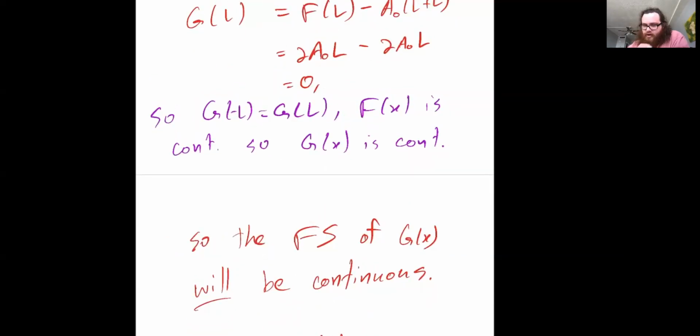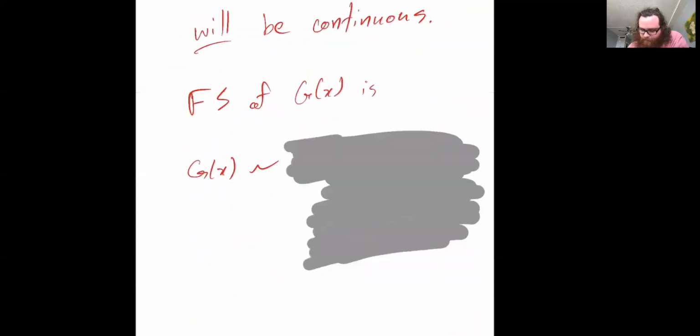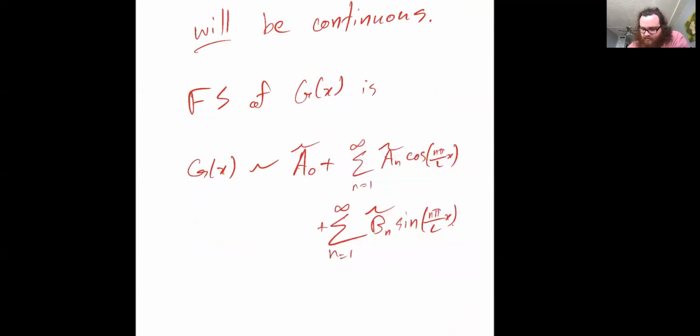Okay, so we know that the Fourier series of this g of x, which is the integral minus this polynomial, is going to be well behaved. So let's go ahead and compute some of these coefficients. We're going to name the pieces of the Fourier series of g of x with tildes.